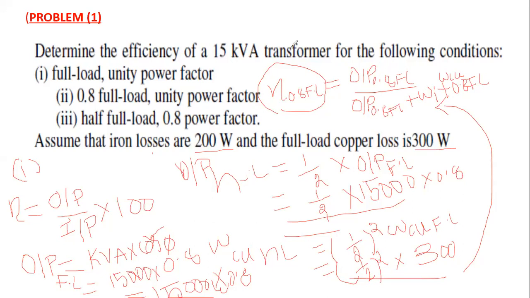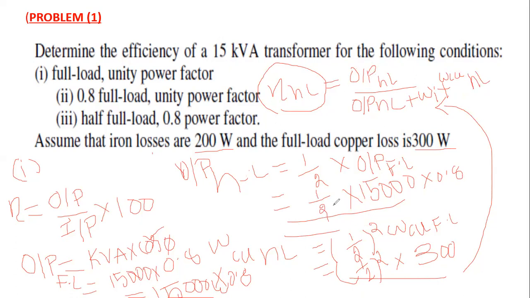Next, we calculate the efficiency at half load. This is the efficiency at half load, that is equal to output at half load by output at half load plus W iron losses plus W copper losses at half load. What is the output at half load?